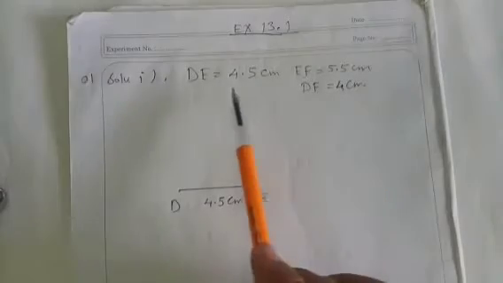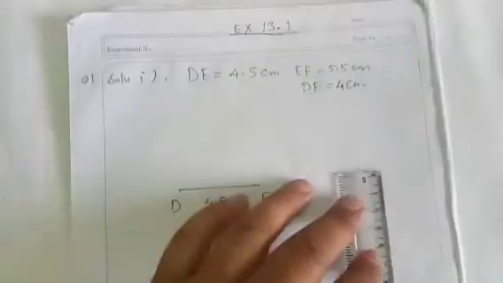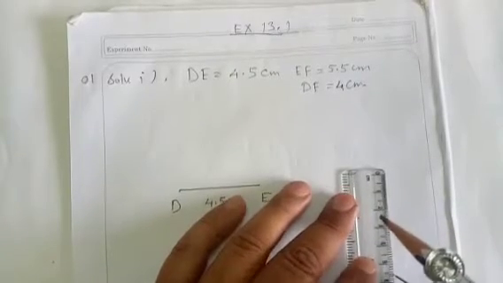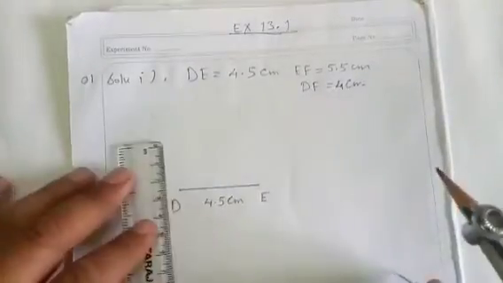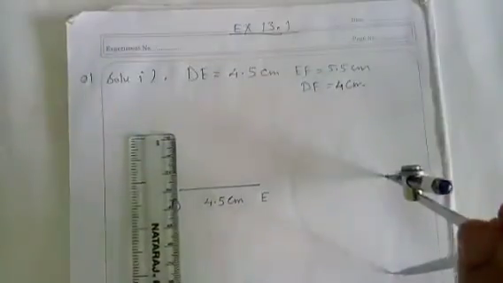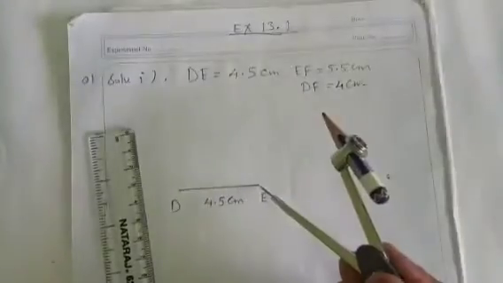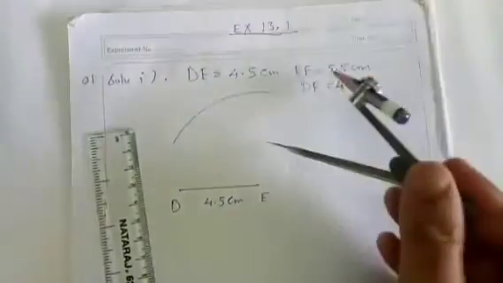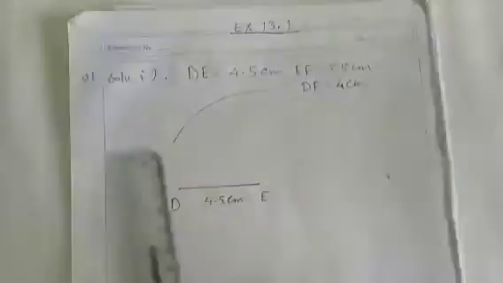Then what is the measure given after DE? EF is 5.5. You have learned in classes 6, 7, 8 to measure 5.5 on the side, and take your compass and measure it. From E you put your compass and cut an arc of 5.5 cm. Then the next measure is DF, 4 cm.